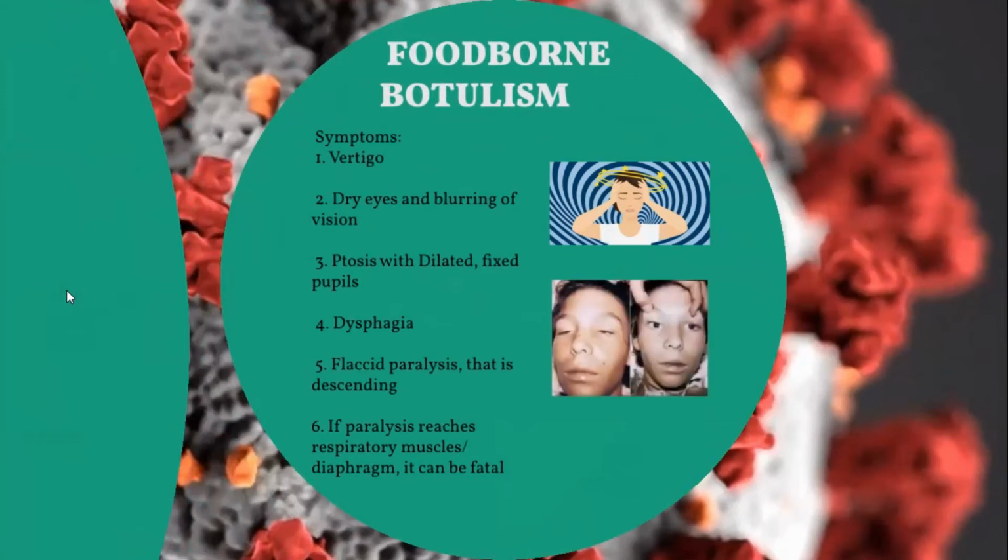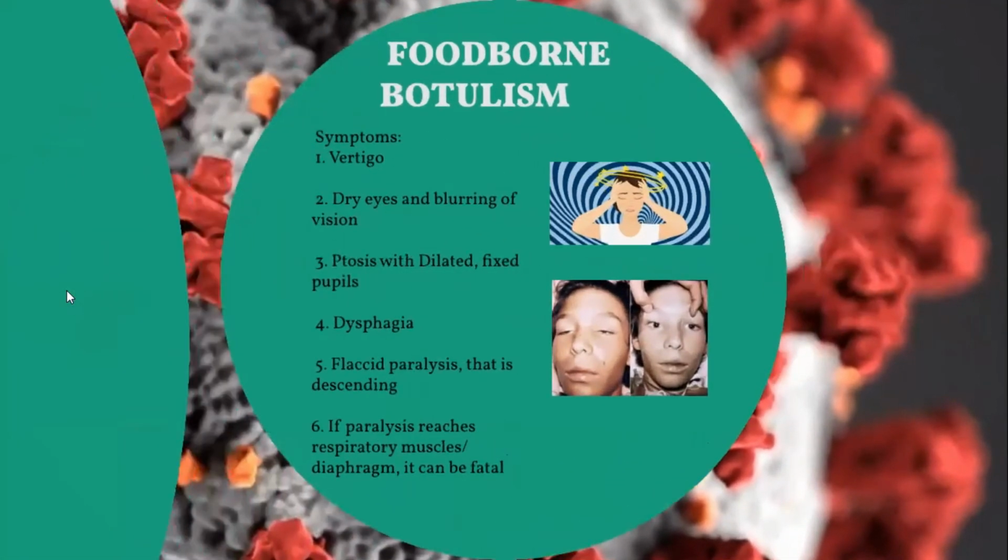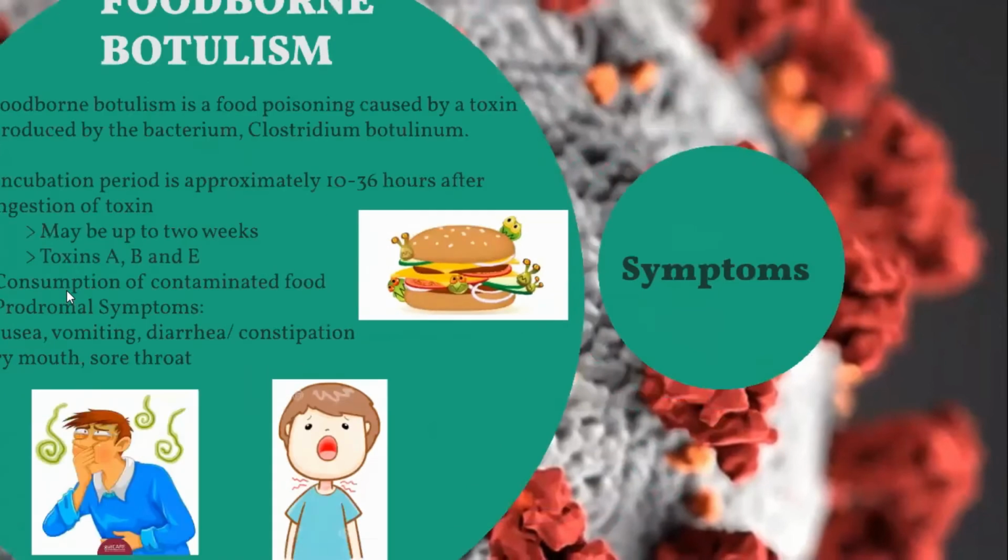We can also see ptosis with dilated pupils. Other symptoms include dysphagia or difficulty swallowing. Then paralysis can begin to descend, causing flaccid paralysis. And if the process reaches the respiratory muscles or the diaphragm, which is responsible for respiration, it can be fatal.